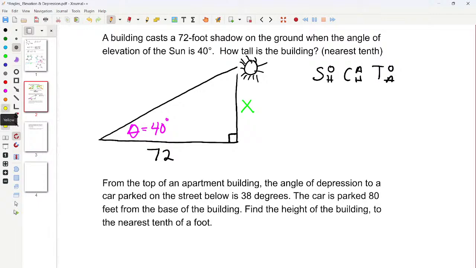I know information about angle 40. From the perspective of 40, X is the opposite. That's opposite 40, right? And this 72 is the adjacent to 40.